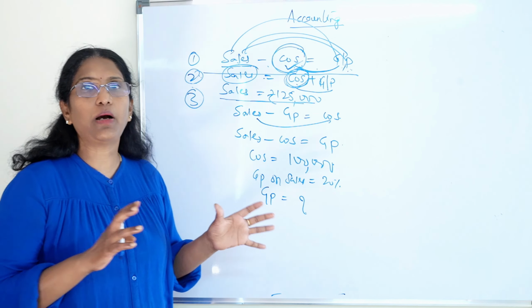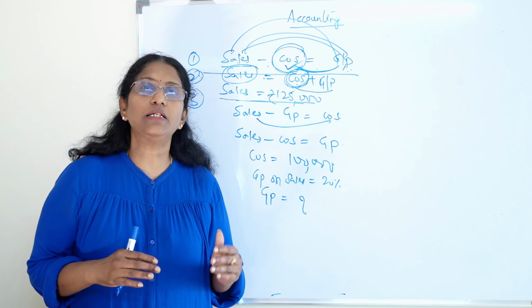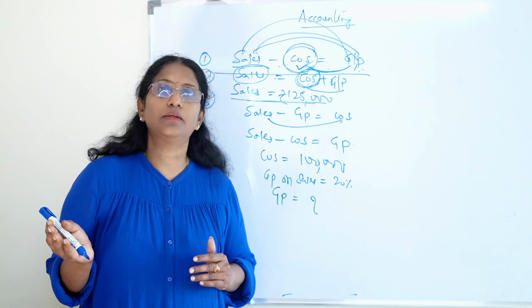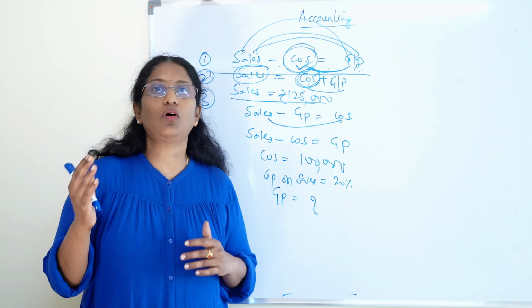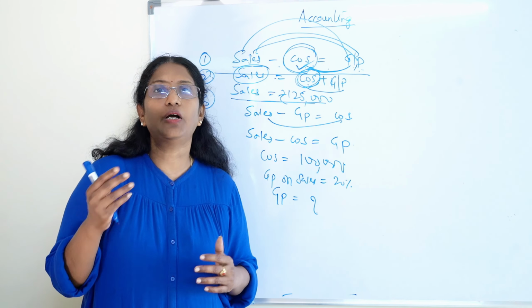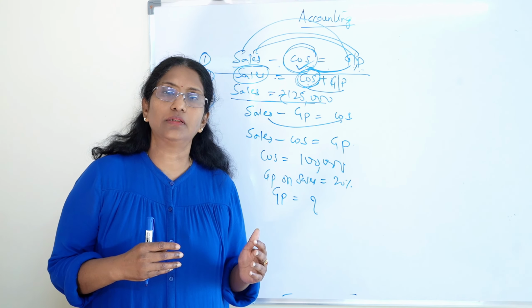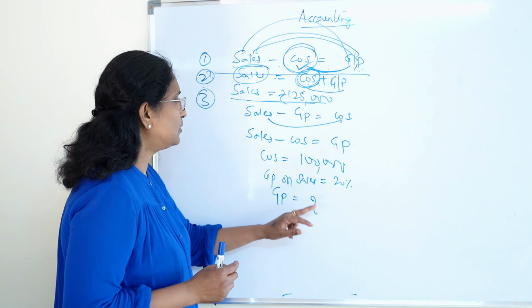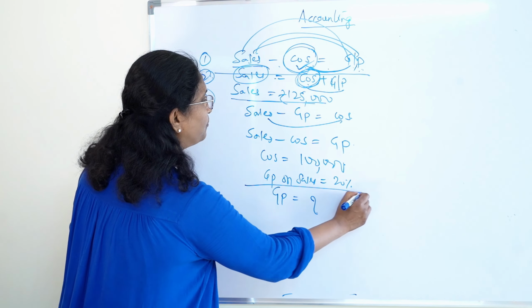Always see the missing part. The percentage will be given on one, and the sales or cost of sales you have to calculate. Then you have to deduct from that to find out the profit. Now again form the equation.